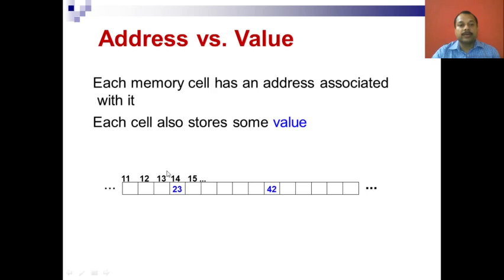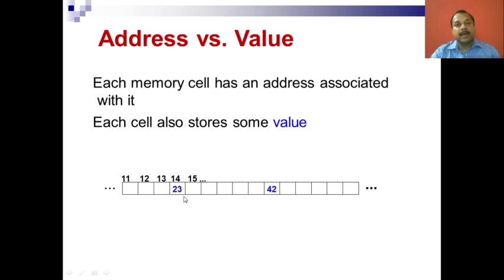The compiler allocates position number 14 where you can store your value, and based upon some assignment, 23 has come and been stored in this memory location, position number 14.